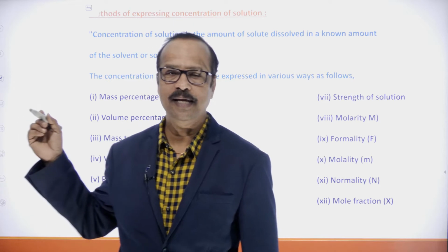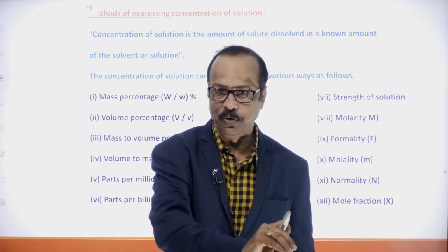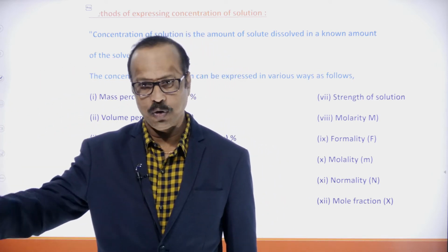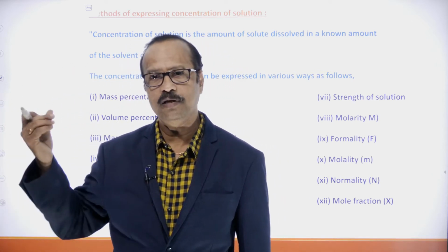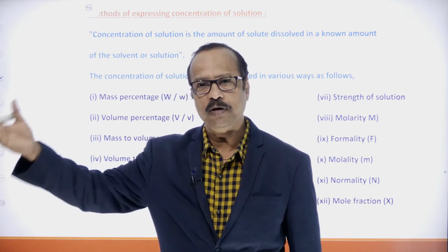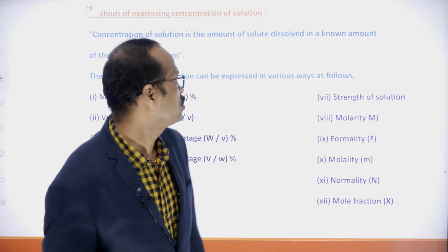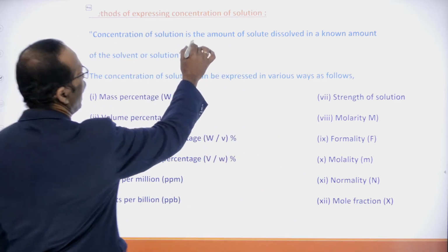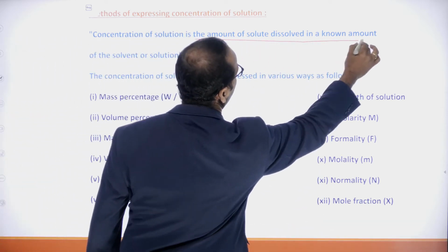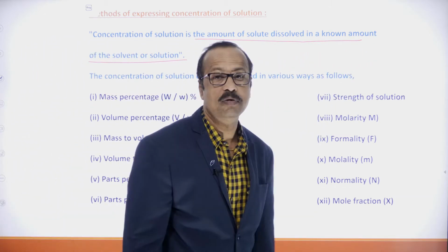Similarly here, in the exam, how many marks you secured out of the total marks. So here also, how much amount of solute is present and how much amount of solvent or solution, that is called the concentration. Concentration is the amount of solute dissolved in a known amount of solvent or solution.